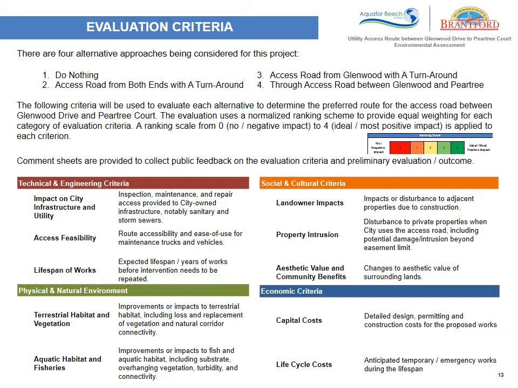As part of the municipal class environmental assessment process, an evaluation is applied to each of the alternatives, accounting for technical and engineering criteria, the physical and natural environment, social and cultural criteria, and economical criteria.